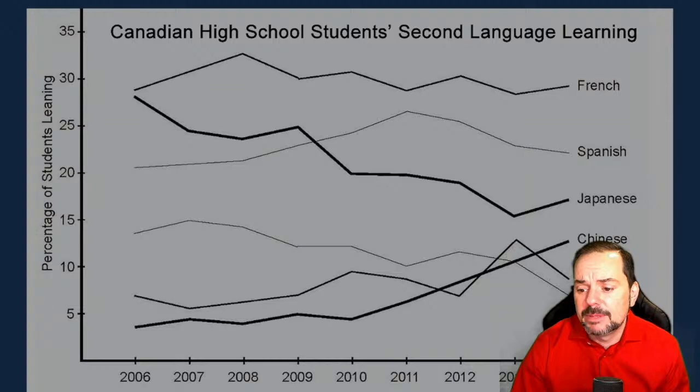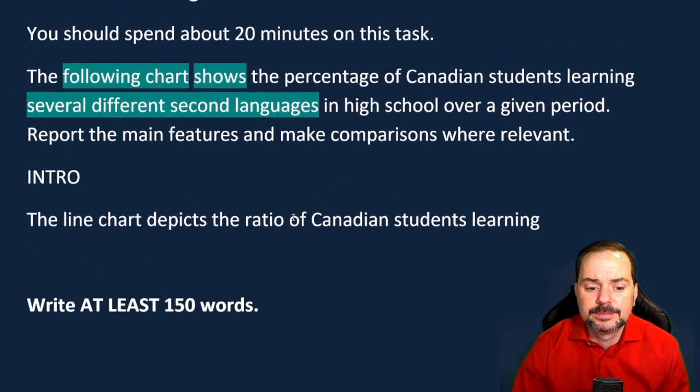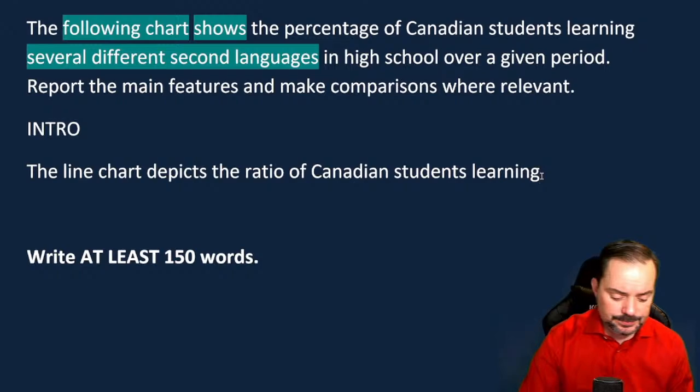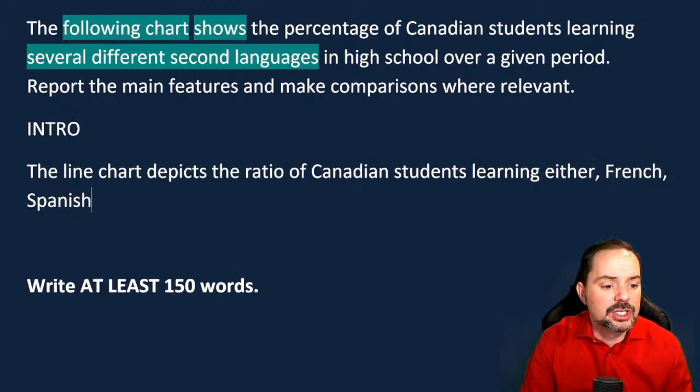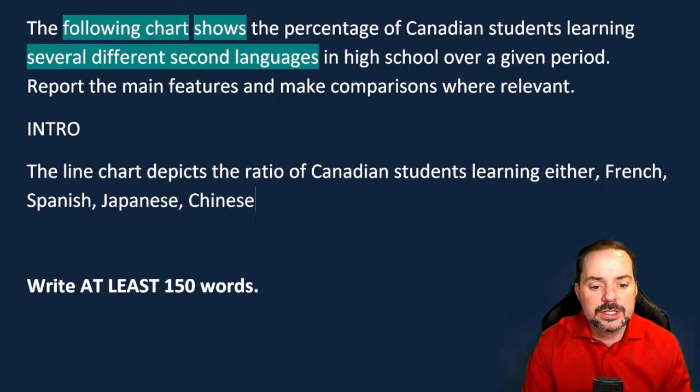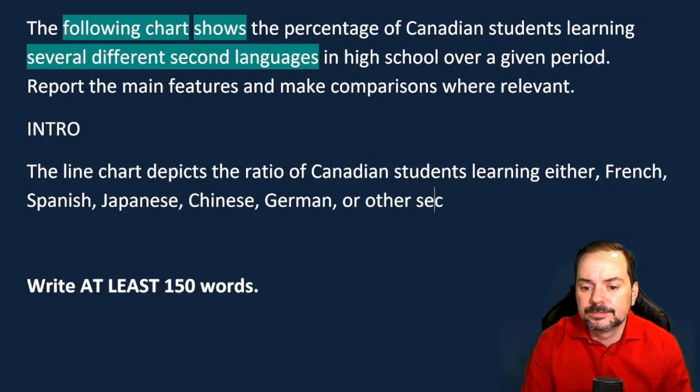French, Spanish, Japanese, Chinese, German, and other. Learning French, or learning either French, Spanish, Japanese, Chinese, German, or other second languages during high school.